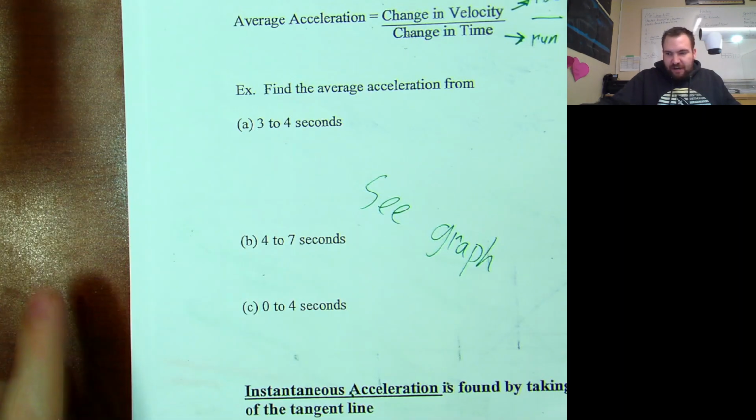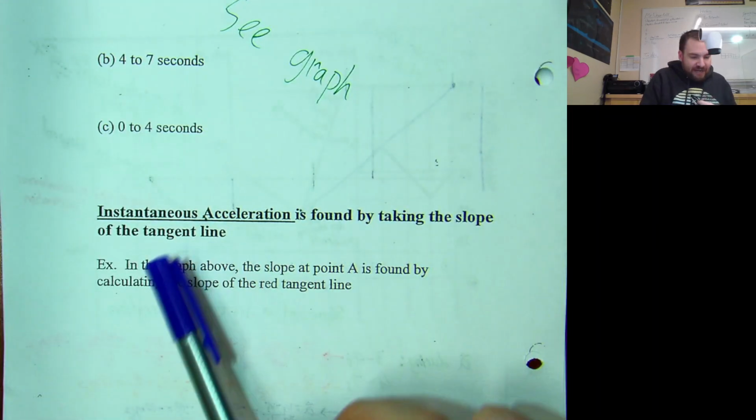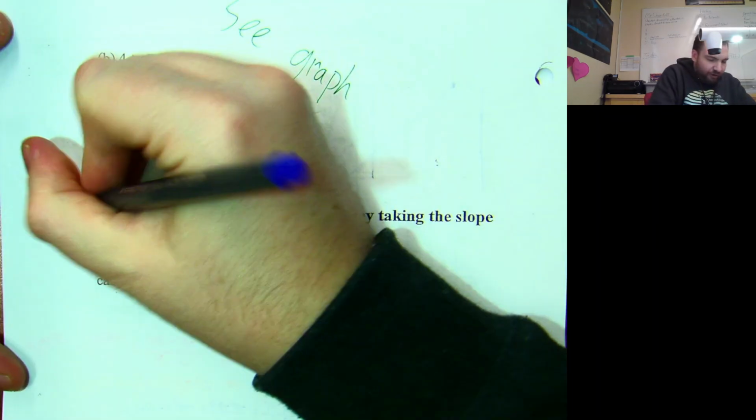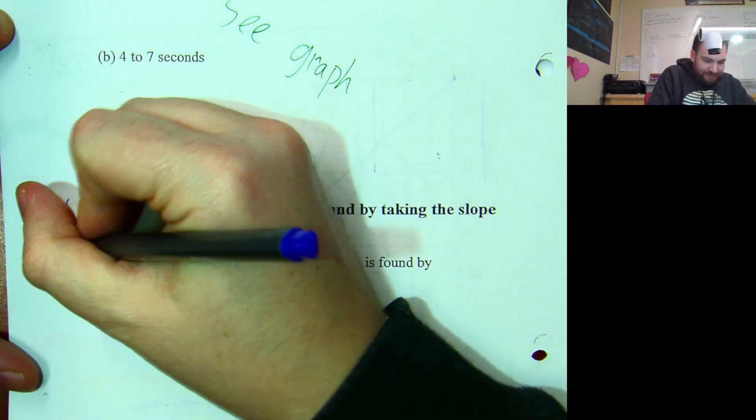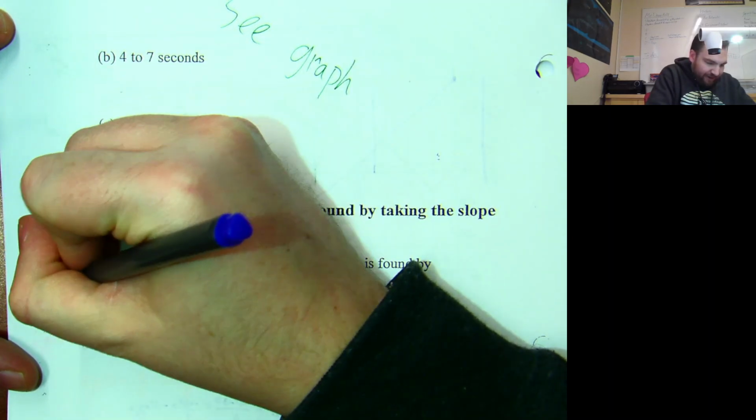The last piece here, we talked about it already. Instantaneous acceleration is found by taking the slope of a tangent line.